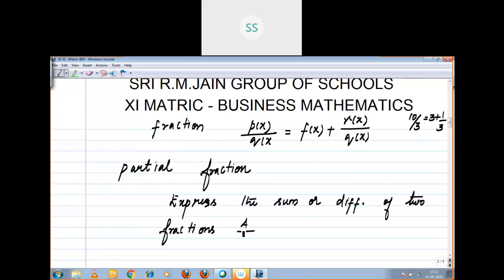Better I will write it in number format. 3 divided by x minus 1 and 4 divided by x minus 3 as a single fraction.